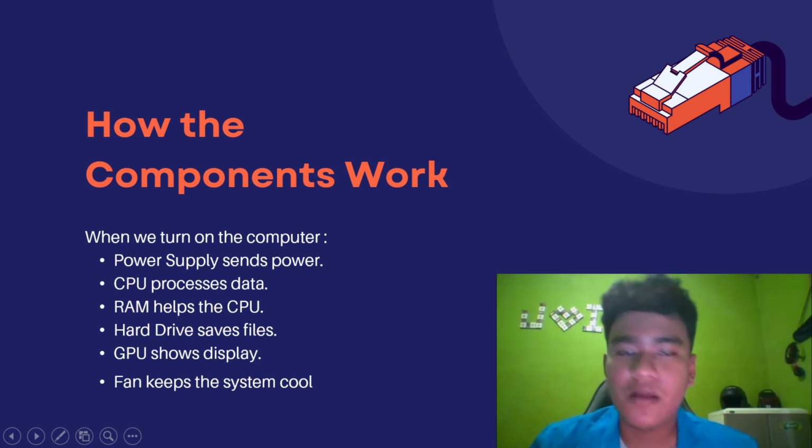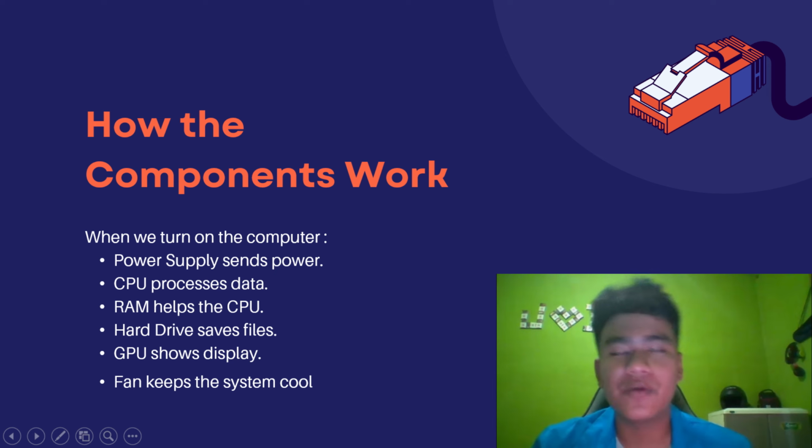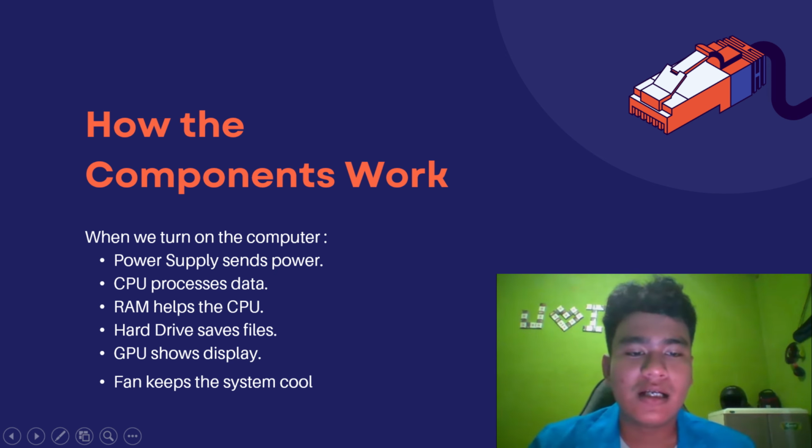And slide 7. How the components work. When we turn on the computer, here is what happens. The power supply sends electricity to all components. The CPU starts to process data. The RAM helps the CPU by keeping data ready for quick access.